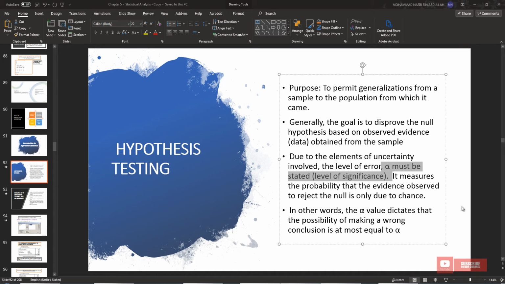In other words, the alpha value dictates that the possibility of making a wrong conclusion is at most equal to alpha.